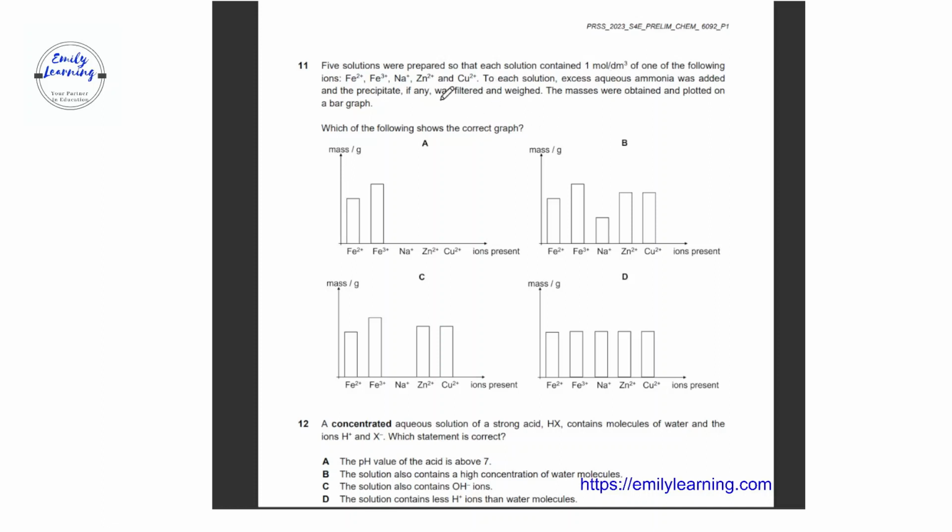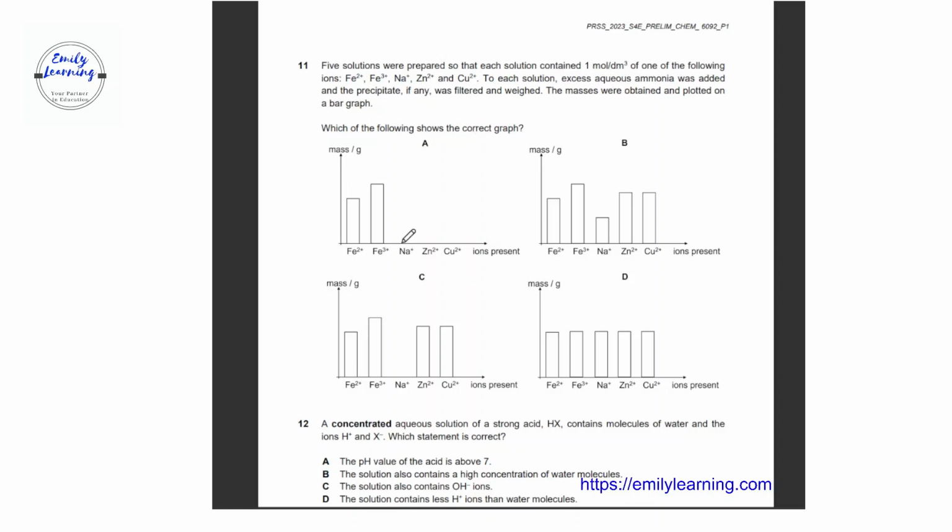The first thing we need to do is to recall your qualitative analysis table, because we know that only those elements where the precipitate is insoluble in excess will remain. If it is soluble in excess ammonia, there will be no more precipitate at the end of the day.